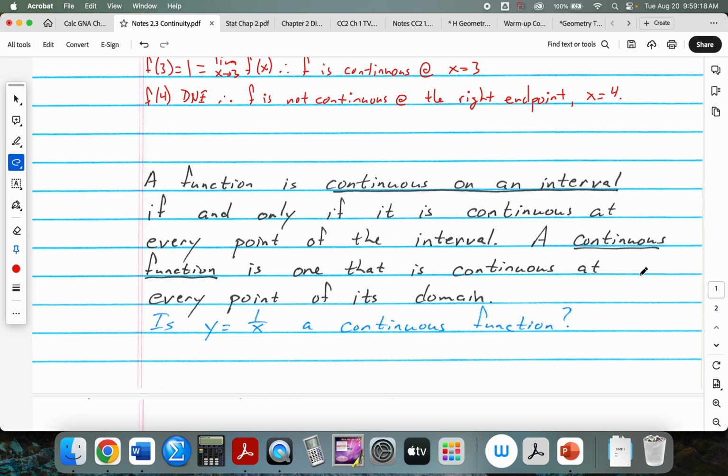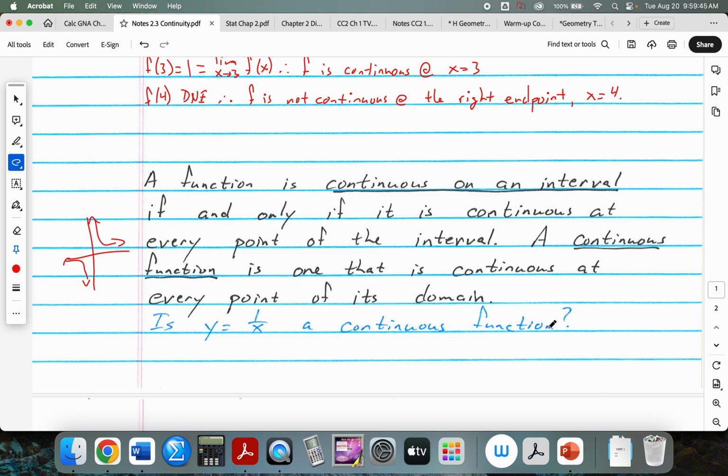So let's look at y equals 1 over x. Hopefully that's one of those where you know exactly what that graph looks like really quickly. It looks sort of like this. Is it a continuous function? No. Why not? Because it's not defined at 0.